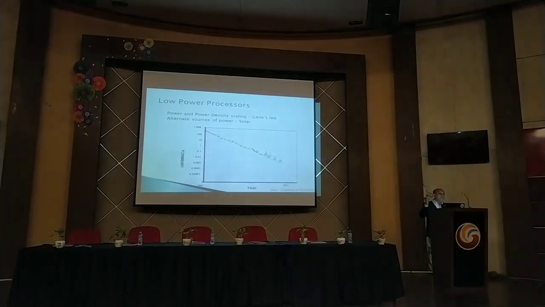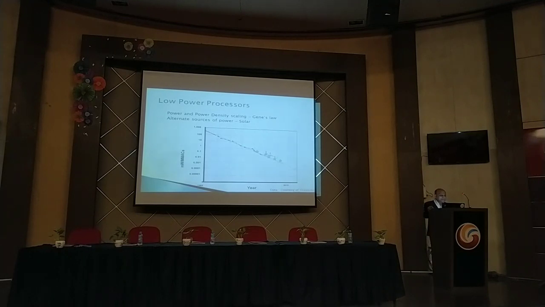On the y-axis, you see what is called the power performance ratio. So how much power do you need to deliver a certain performance, like 1 million multiply accumulate? How many milliwatts of power are required to deliver a performance of 1 million multiply accumulate?